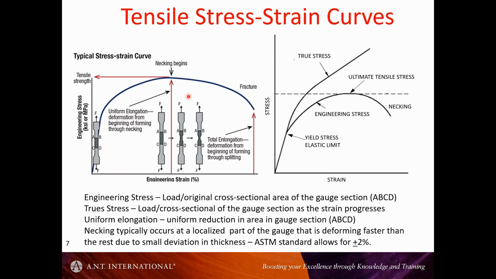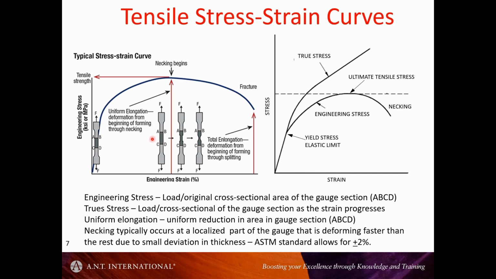Mostly when we're talking about tests and data from materials, they're often given in terms of the engineering stress, and the engineering stress is simply the stress that you applied, based on the original dimensions. It doesn't take into account that the material is getting thinner. So under this uniform elongation region, it's possible to calculate the true stress, because it's uniformly thinning.